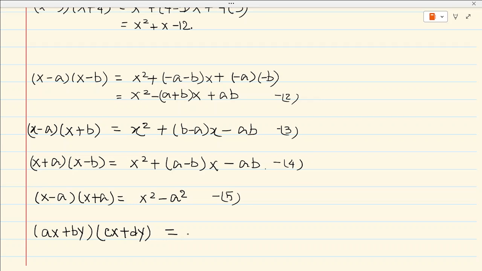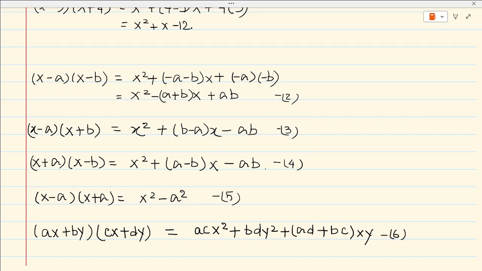Simply, first into first, that will be acx square, plus last into last, bd y square. Now ax with dy, so ad, plus by with cx, that is bc, xy.